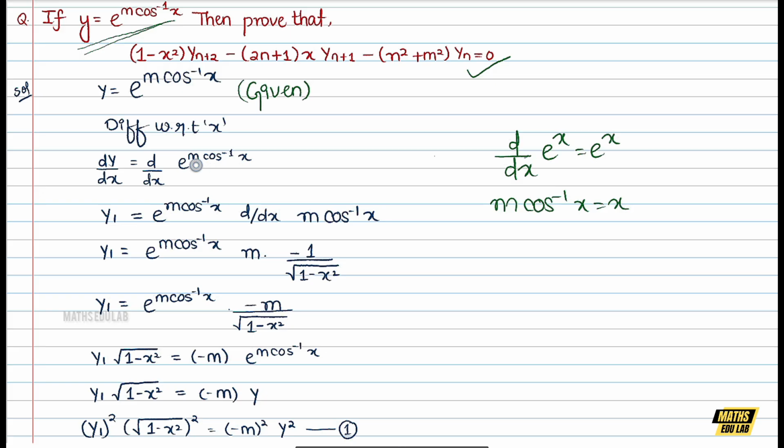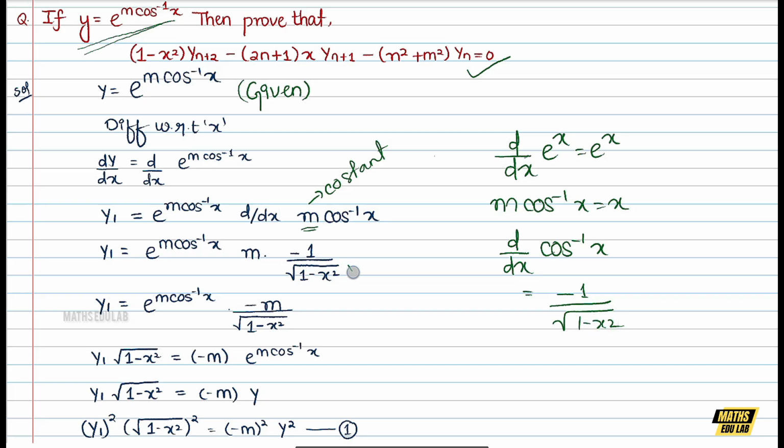Again, now here we will follow the chain rule. So d by dx of m cos inverse of x. Here m is a constant value. So the constant value, then cos inverse x, the derivative of cos inverse x is equals to minus 1 over root over 1 minus x square.